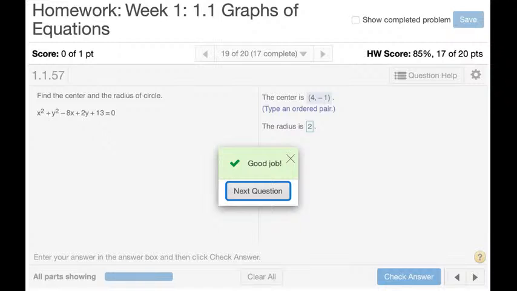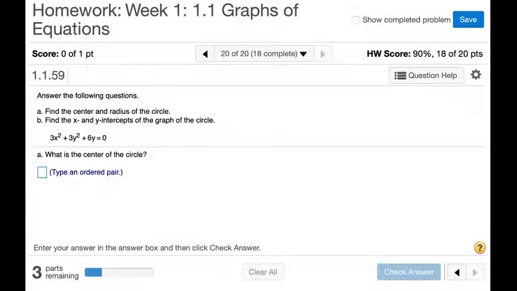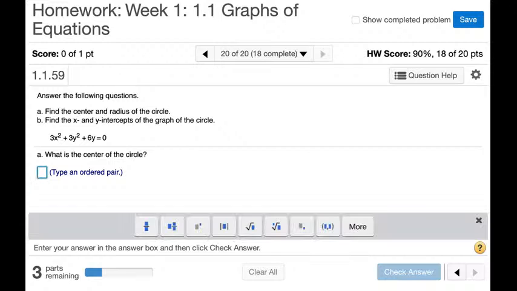Next question. Center and radius. Okay. Center. So there's no b. This one actually we need to divide everything by 3. So the x coordinate is 0. It looks like. So 0. The y coordinate. You divide by 3.